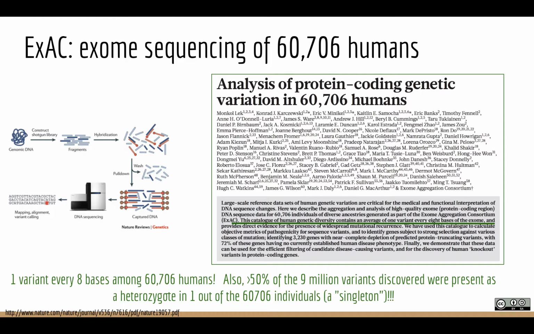We've talked about this before, but exome sequencing differs from genome sequencing in the sense that before we put DNA on the Illumina sequencer, we first take whole genome fragmented DNA and hybridize it to oligonucleotide probes that are designed for essentially every coding exon in the human genome.